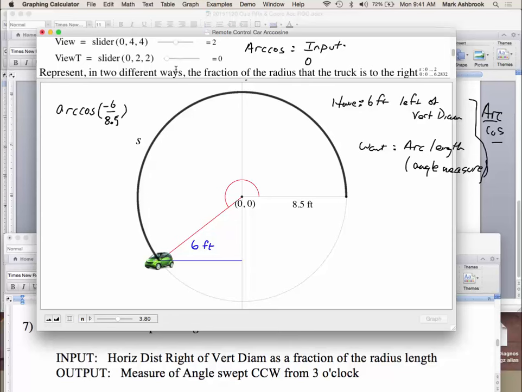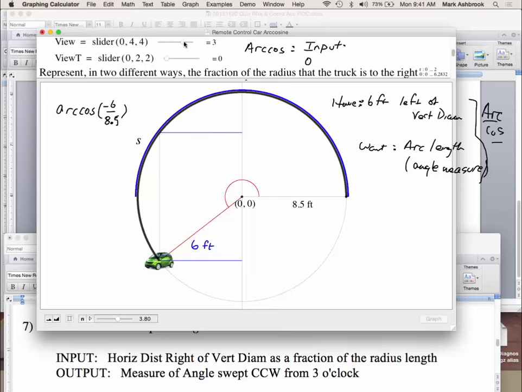Will it give us that angle measure, arc cosine of -6 over 8.5? You should all be thinking, no, it will not, because it gives us what instead? What's the output of our cosine? What's the range from what to what? 0 to pi. This is outside of that range, right?